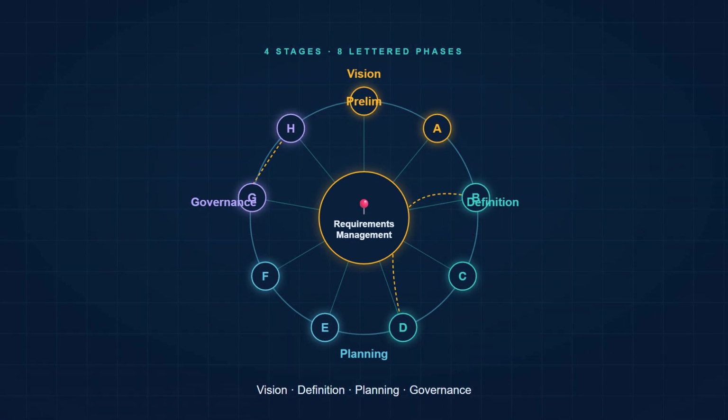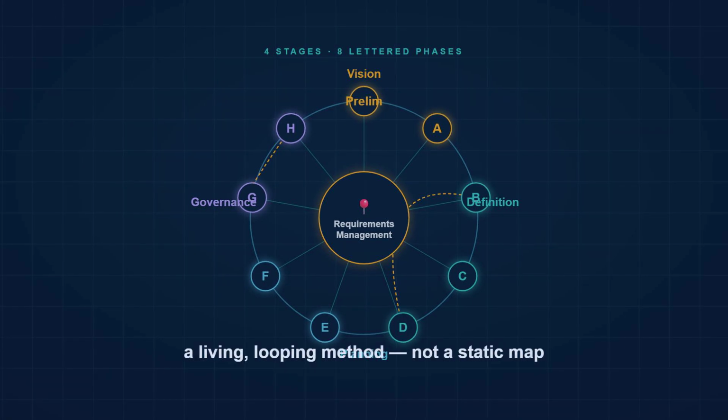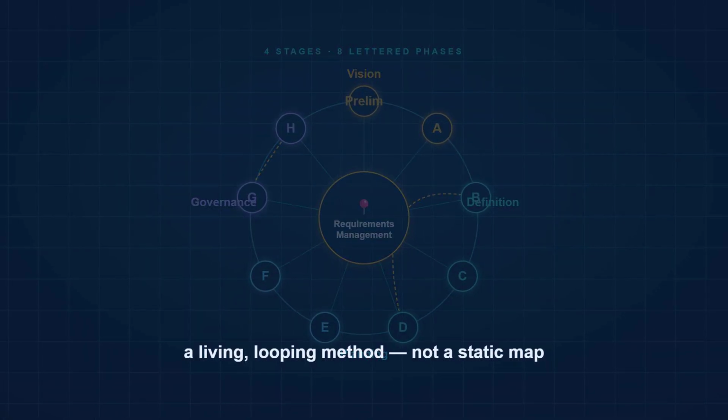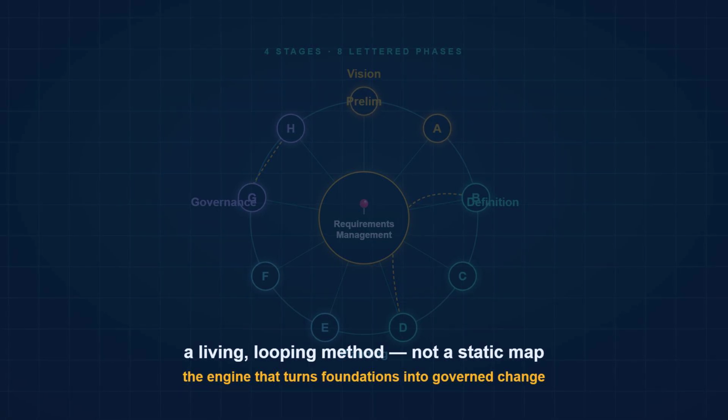So that's the ADM in one breath. Not a static map, but a living, looping method that carries an organization from today to its target, always checking against what it truly needs. It's the engine that turns all those foundations into real, governed change.